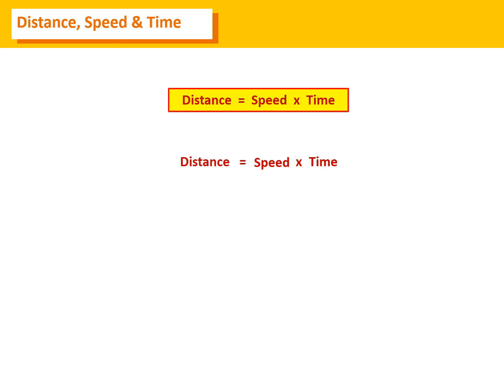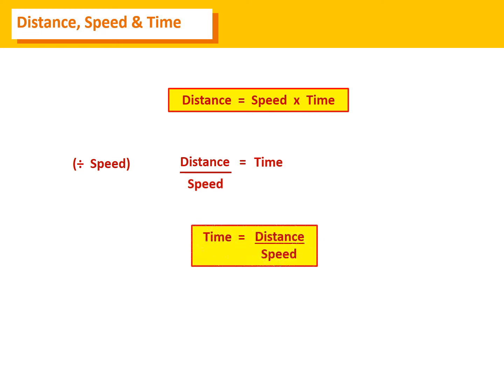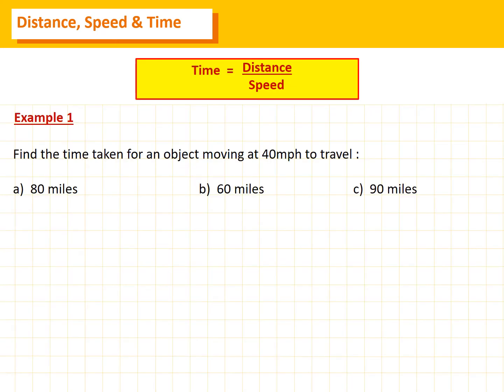We've established that distance equals speed times time. If we divide both sides by speed, we end up with time equals distance divided by speed. And that's what we're going to be using in the next example. In this example, we're given the speed and the distance, and we're trying to find the time.